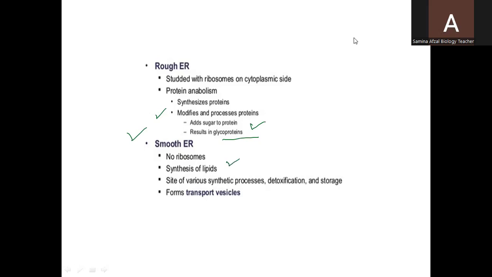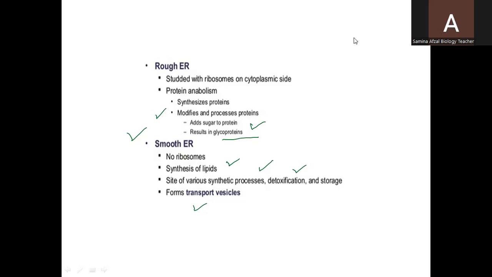It is the site of various synthetic processes, detoxification, storage, and forms transport vesicles, which you can say are like the Golgi bodies. These transport vesicles are also formed by the smooth endoplasmic reticulum. So it is involved in the synthesis of lipids.